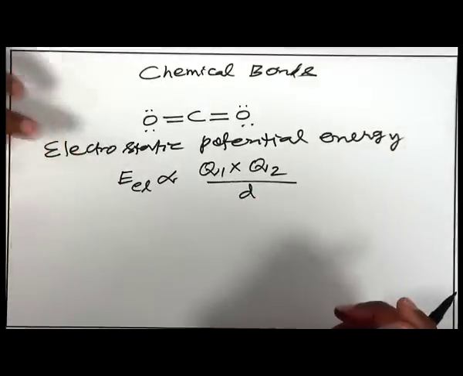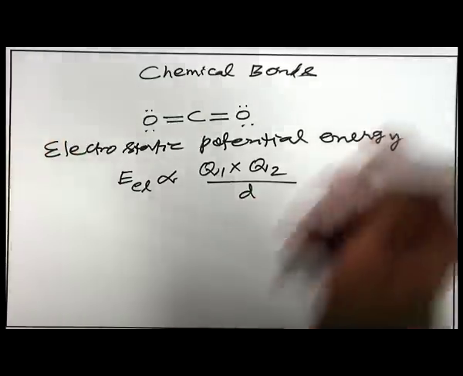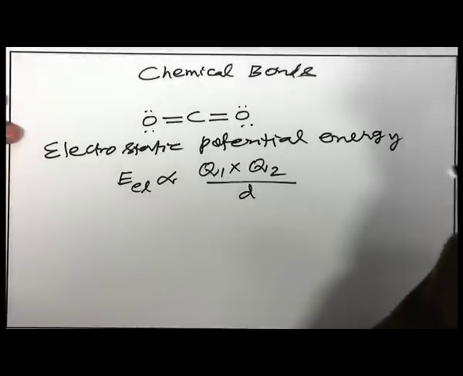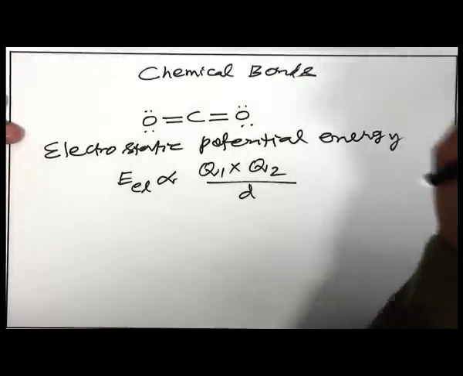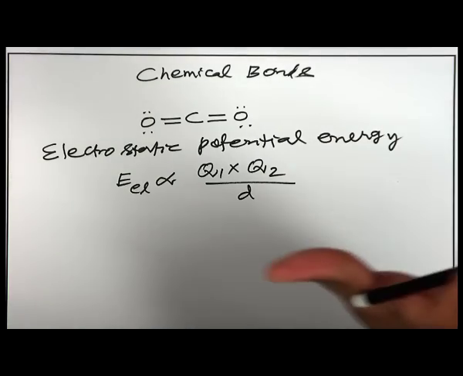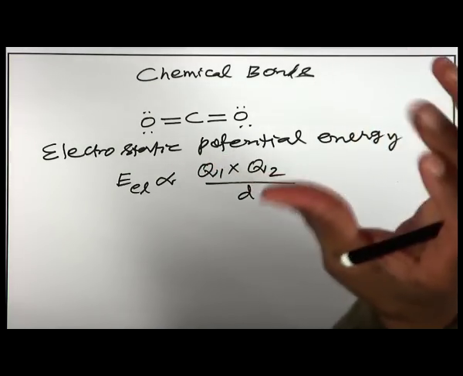If you have a particle with a negative charge and a particle with a positive charge, when they approach each other, because one particle is positive and the other is negative, they are attracted to each other. When they approach each other, energy is decreasing.